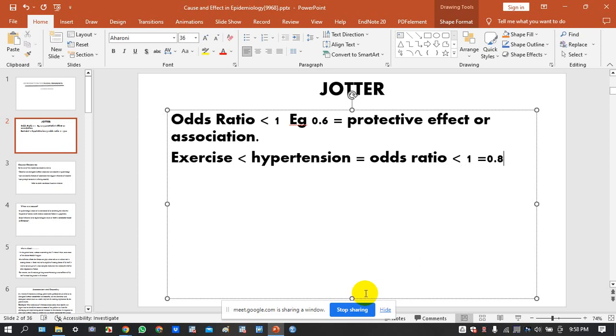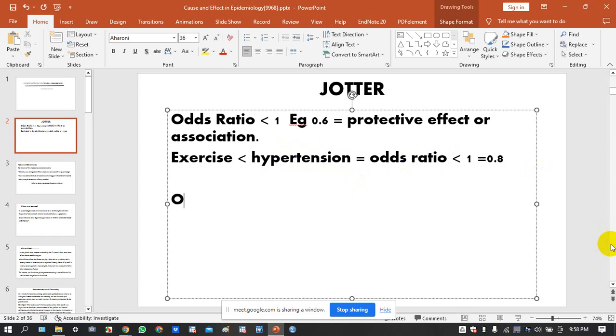We know 0.8 is less than 1, meaning that exercise protects you or prevents you from getting hypertension. So exercise has a protective effect from contracting or getting hypertension.